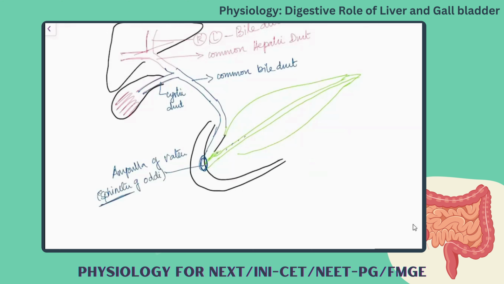It has a sphincter muscle to prevent the reverse flow of the bile secreted from the liver as well as the pancreatic juice. That is in the second part of the duodenum. Once the contents enter, digestive function takes place in the duodenum.